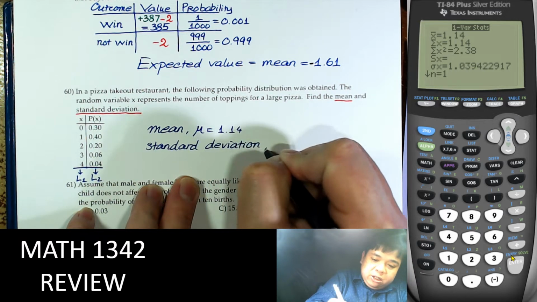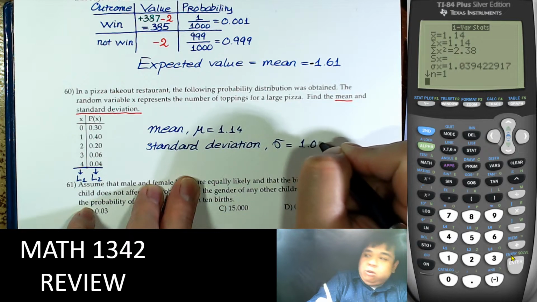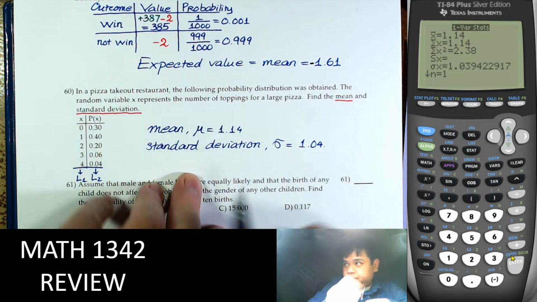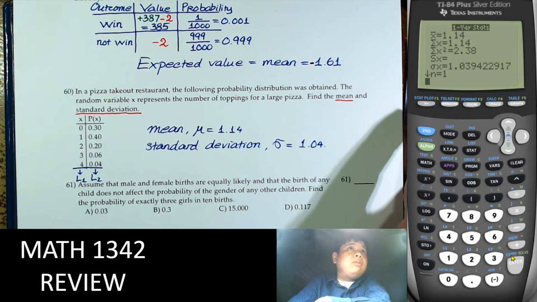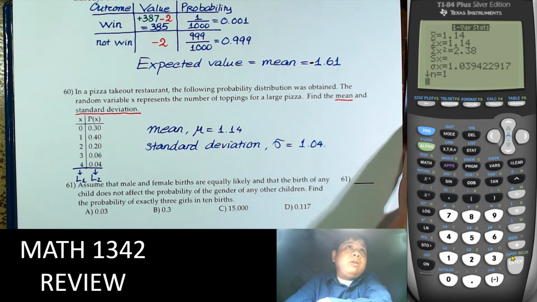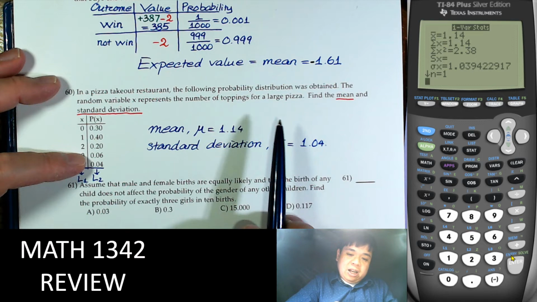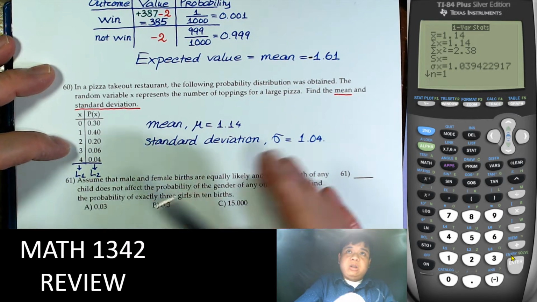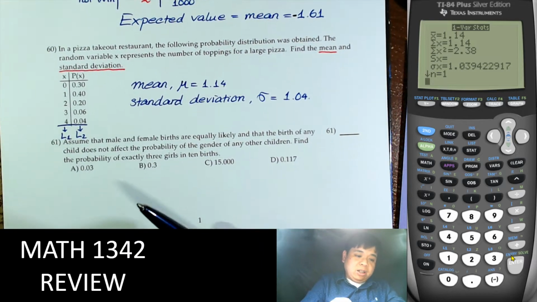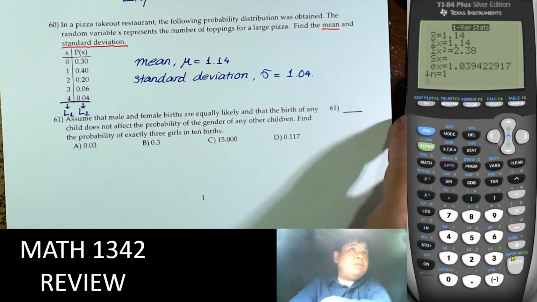Standard deviation, sigma is 1.04. Right. Yeah. Like I said, if we have the list and probability distribution, and we are asked for the mean and standard deviation, I'll just go ahead and use the calculator. Right. Next we have different things.